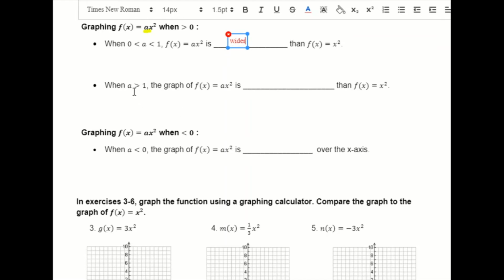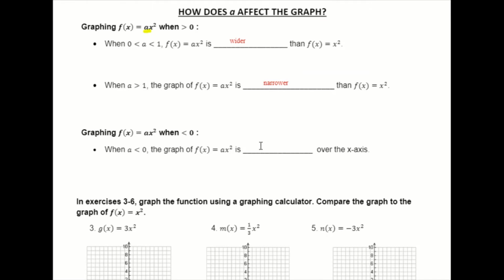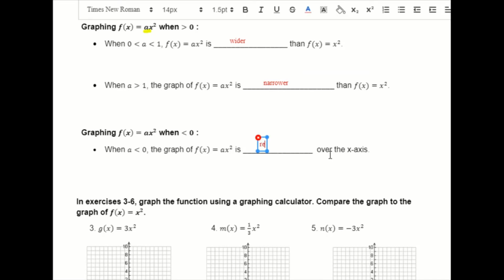As a gets bigger than 1, compared to the original parent function, the parabola will be narrower, a little skinnier. The only other thing to note before we look at some examples is that if the a value is negative, then the function will be reflected over the x-axis.